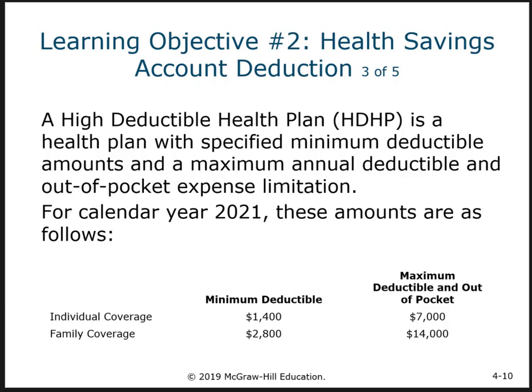So at family coverage, for instance, once you have paid in the deductible and out of pocket up to $14,000, then the insurance kicks in for 100% after that. That's what has to be for it to be qualified as a high deductible plan. That's the deal it needs to have in the contract.